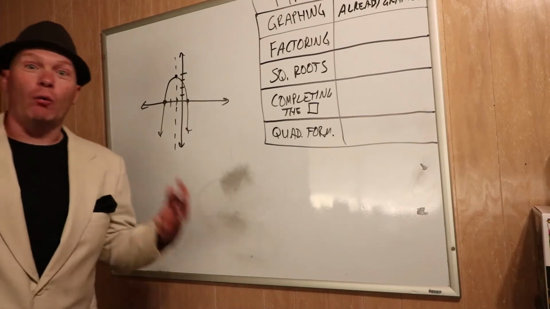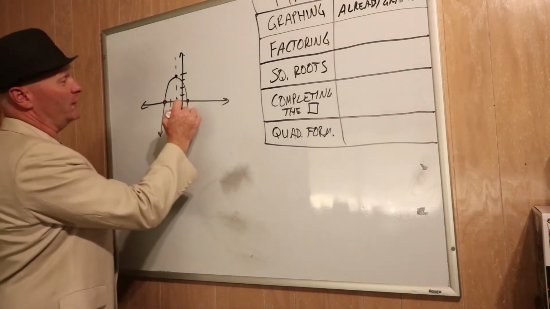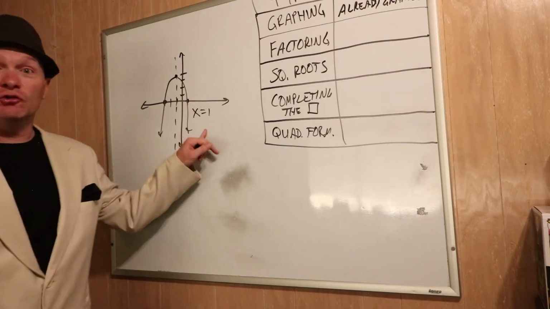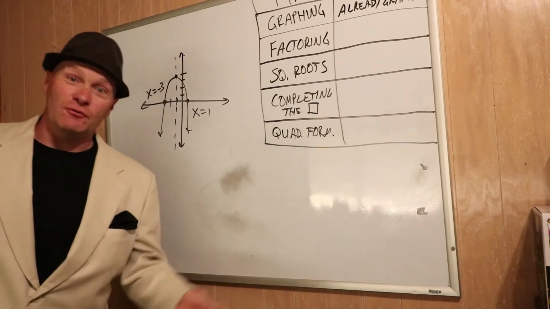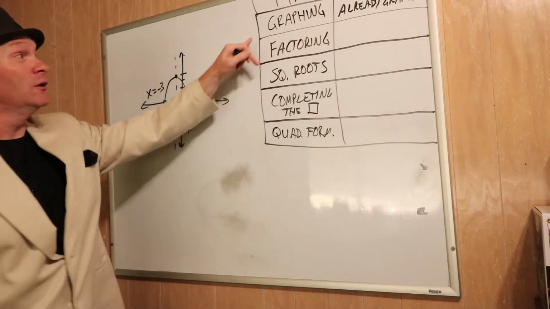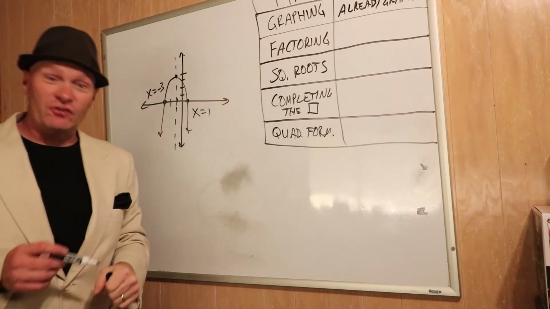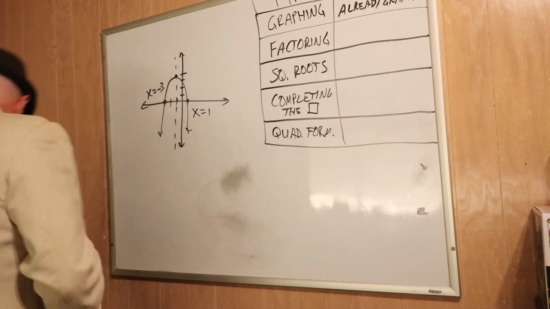There's a graph of a quadratic function. Remember, once it's graphed, all you have to do is look for the x-intercept. So on this one, the solutions would be x equals 1 and x equals -3. So if the function is already graphed, solve it by graphing. Just find the x-intercepts. That's probably the only time you'll want to use that technique.